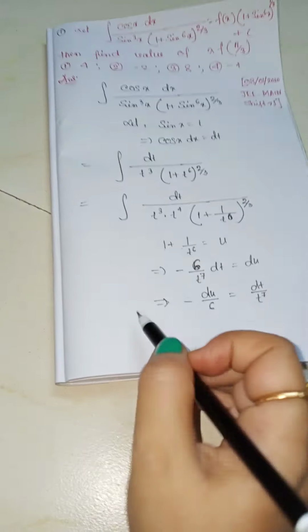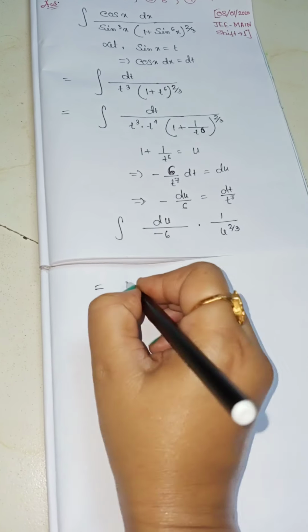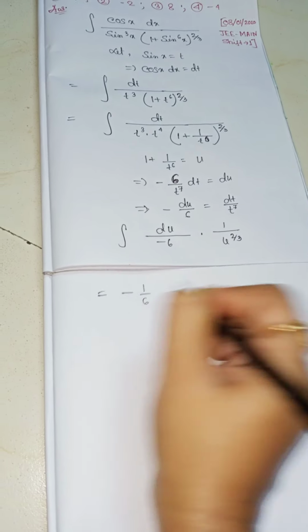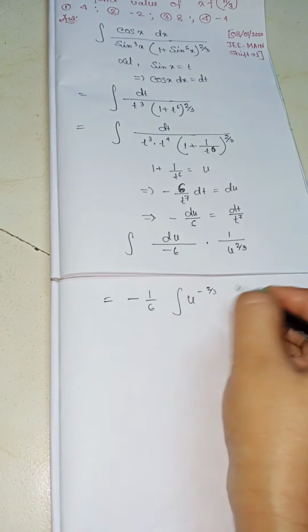Now this integration becomes the integration of dt by t to the power 7, so it is du by minus 6 into 1 by u to the power 2 by 3. Then it becomes minus 1 by 6 integration of u to the power minus 2 by 3 du.